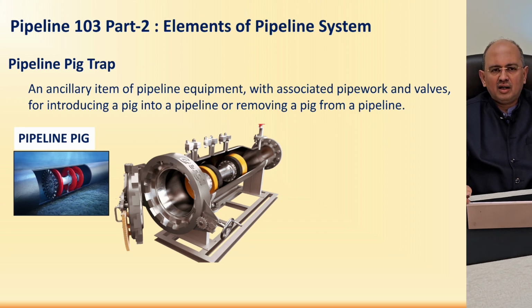The cups or discs create a soft but interference fit, like a gasket. Like when you insert a piston in a cylinder, this acts like a piston, and behind the pig there will be higher pressure, and downstream of the pig on the other end of the pipeline, sometimes you can even depressurize. You can open the vent, or reduce the pressure, and because of the differential pressure the pig moves.